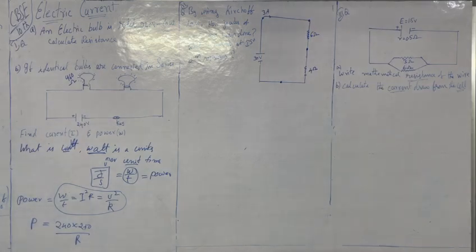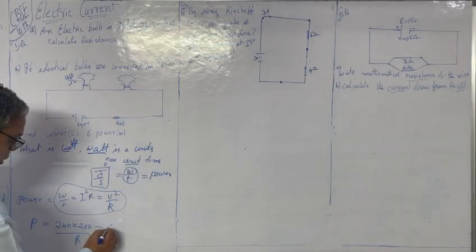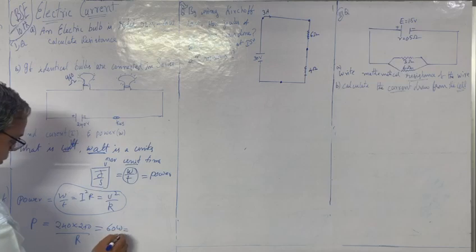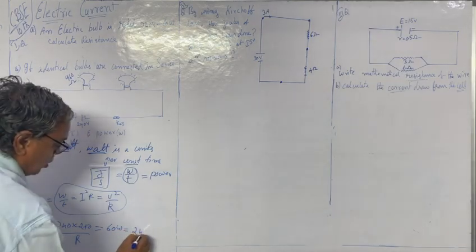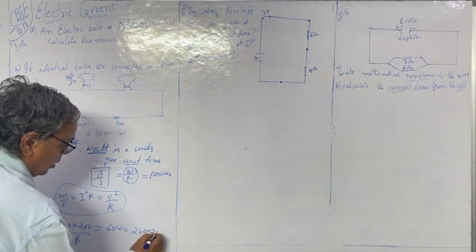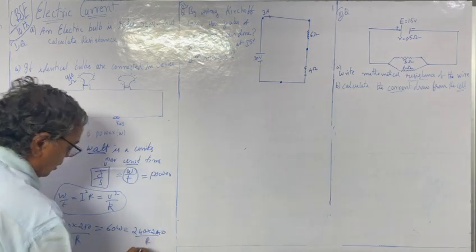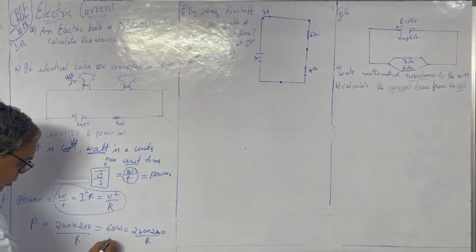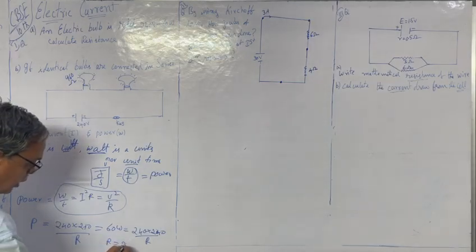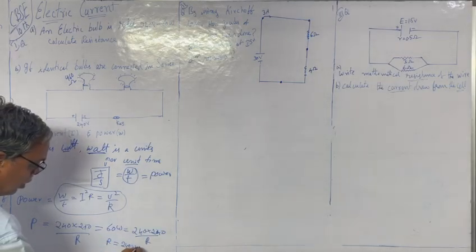How much power is given? 60 watts is given here. Therefore 60 watts is equal to 240 into 240 by R. Exchanging R, you get 240 volts into 240 volts by 60.